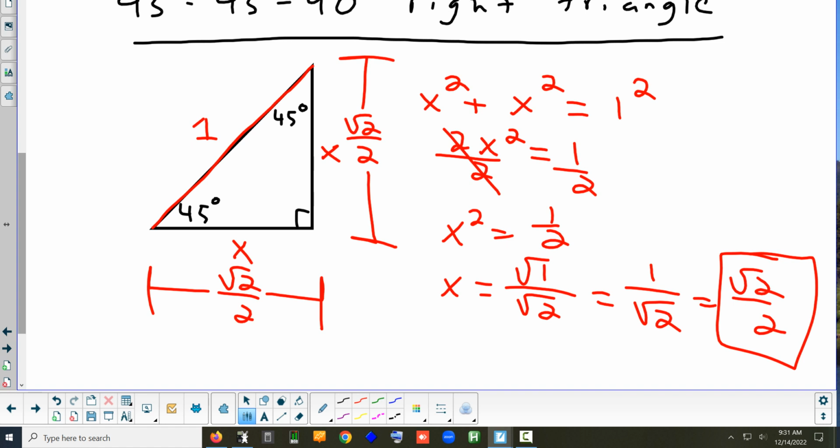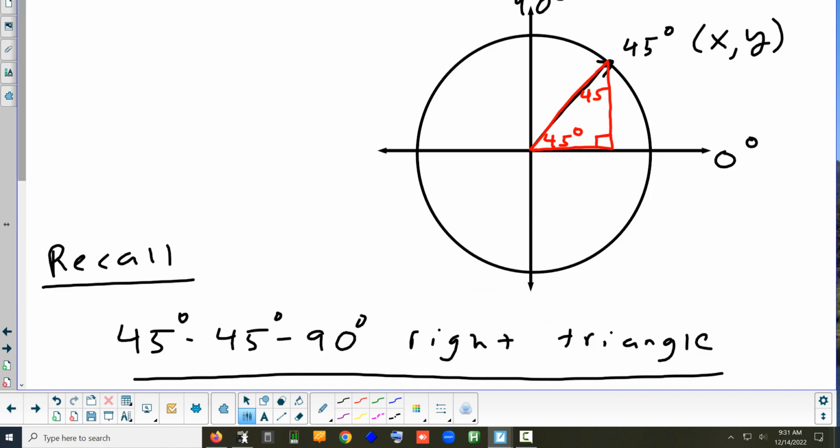for the height. So now, this is my origin. I know how far over and how far up I go to get to this point right here. Let's fill it in. How far over do I go to get from here to there? Square root of 2 over 2.